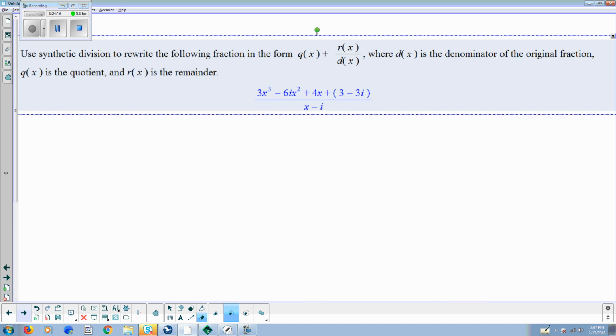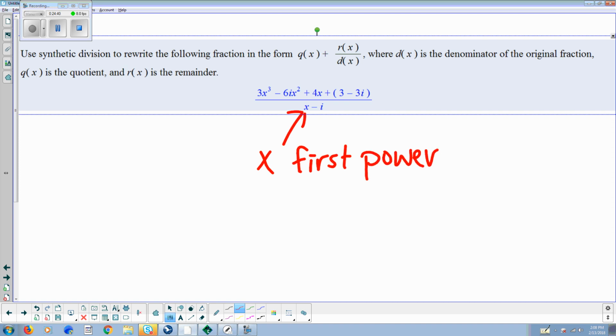Okay, next, it asks me to use synthetic division to rewrite the fraction, or to divide, basically. When can I use synthetic division as opposed to long division? Because synthetic division seems to be really nice. Synthetic division can be used if you have x to the first power, and that's the highest power that you're dividing by.